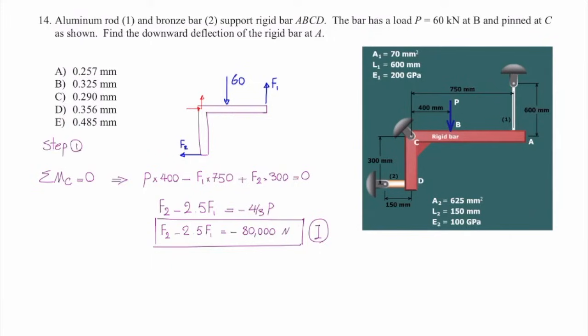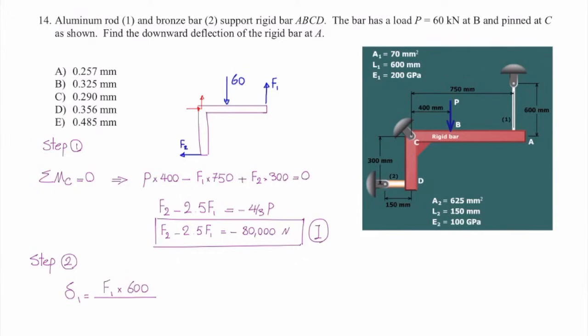In step number 2, I'm going to write down deformation as a function of force. So delta 1 will be F1 times length, which is 600 millimeter, divided by modulus of elasticity and area. The modulus of elasticity of element number 1 is 200 gigapascal and area is 7T.